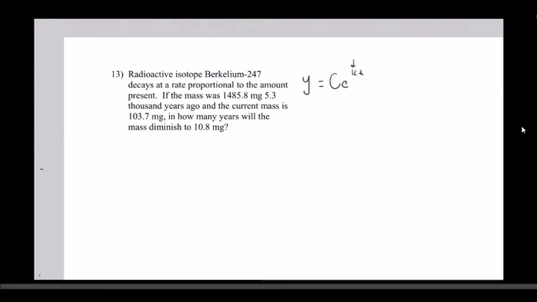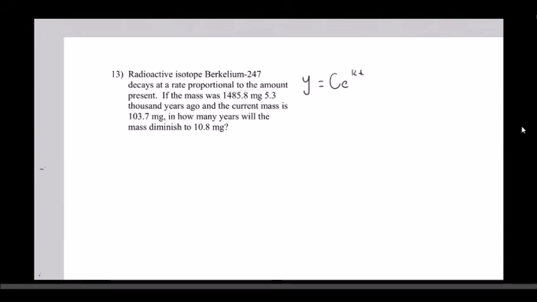We haven't been given a relative growth rate k. So much like question 11, we've got to solve for that first. So right now, we're going to set up an equation where we're going to solve for k. We're going to use this first piece of information right here.